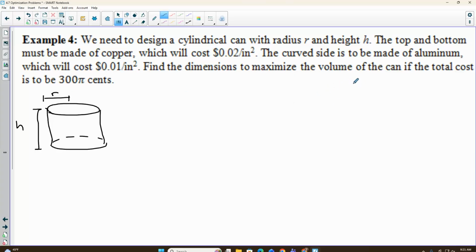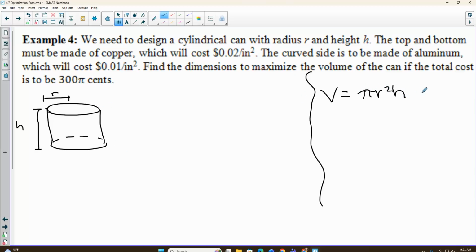All right, so the thing I'm trying to maximize is volume. What's the volume of a cylinder? Area of the base. So the base is a circle. What's area of a circle? Pi r squared times the height.